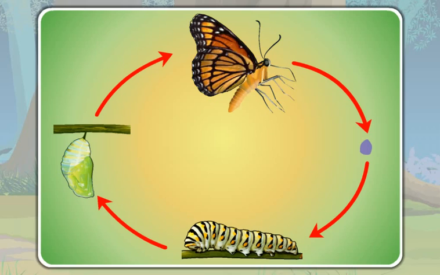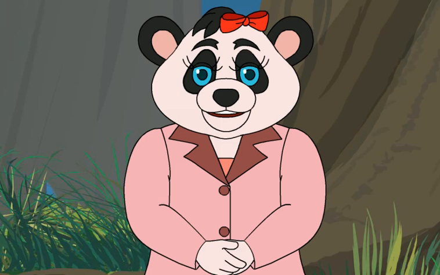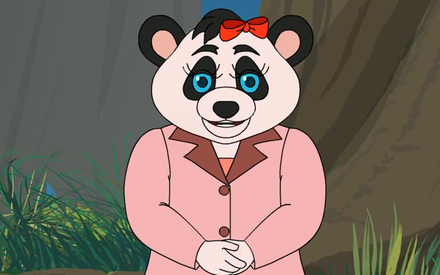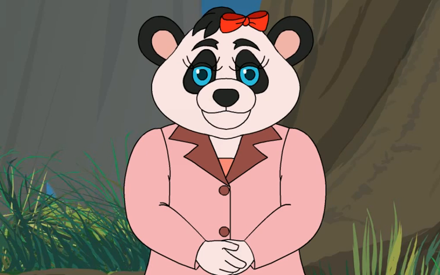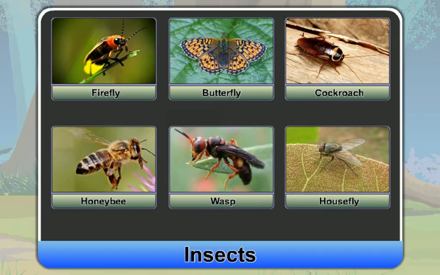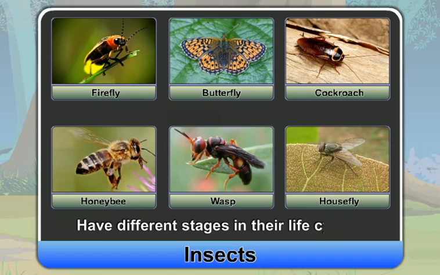An adult butterfly again lays eggs, and the process is repeated again and again. It is called life cycle. Not only in a butterfly, this process is repeated in the lifespan of most of the insects. So, most of the insects have different stages in their life cycles.